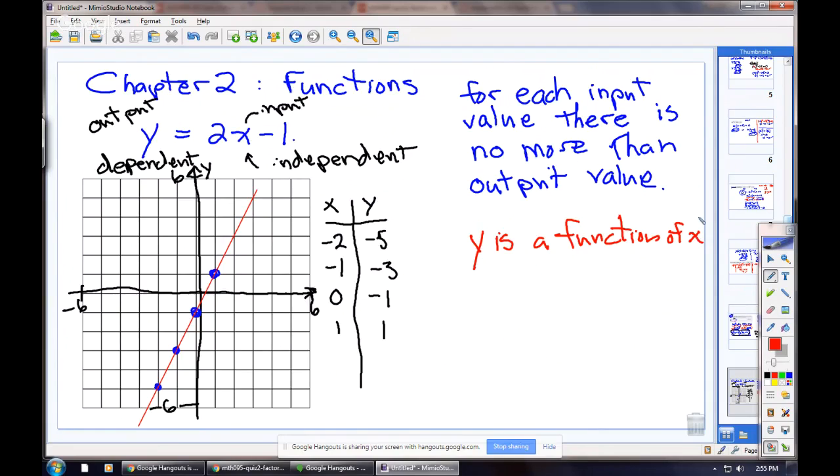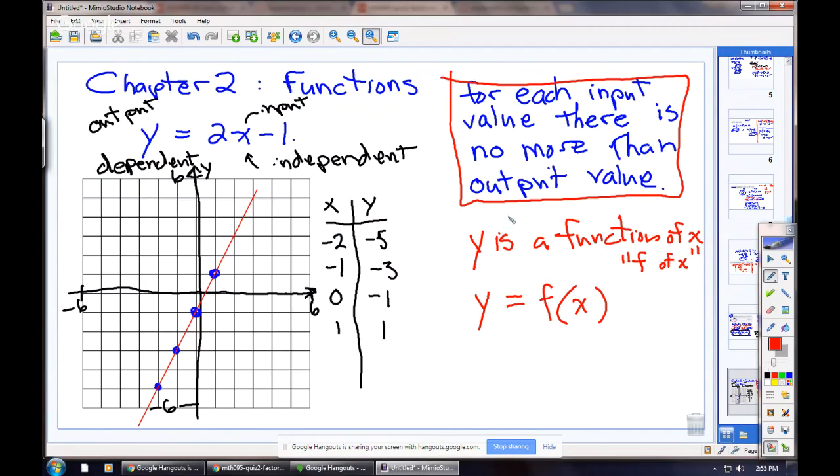It's a lot of words for math, so usually we abbreviate that. Y equals, function is f. In math, a lot of times parentheses mean "of," and then x. So I have this new set of symbols, f of x is the way you read that. And all it means is y is a function of x, meaning it matches this definition right here.